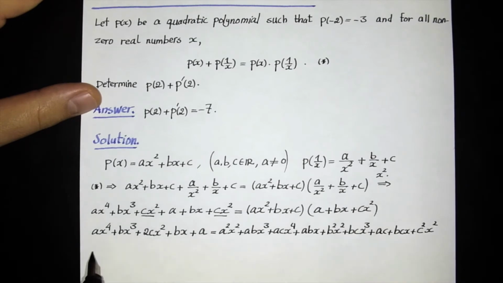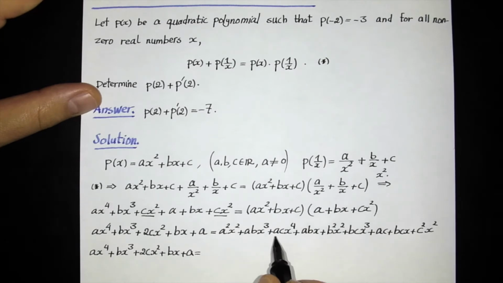On the left hand side there is nothing that I can do, so I just copy and paste it again, so this becomes this expression. But on the right hand side, let me also arrange this. So here you see that I have one term containing x to the 4, so let me write that one first.